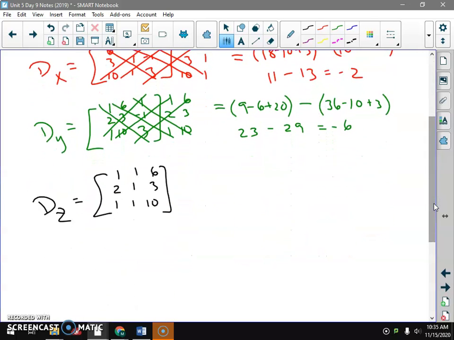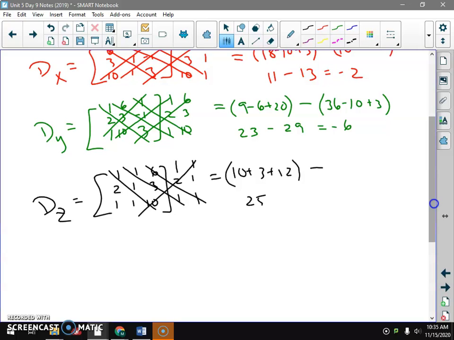Let's do z. Copy 1, 2, 1, 1, 1, 1 equals 10, 3, 12. 25 minus 20, 3, 6, 29. 25 minus 29 is negative 4.